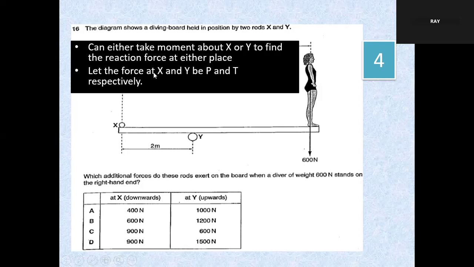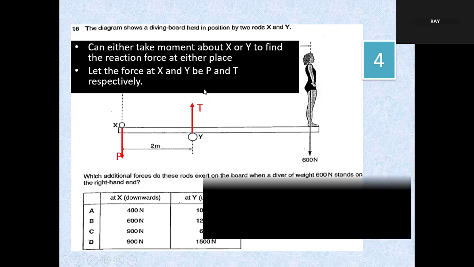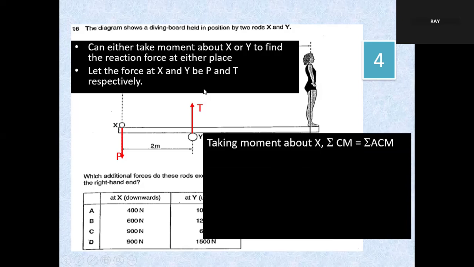Let the forces at X and Y be P and T. Taking moments about X, so don't worry about P anymore. The sum of clockwise moments equals the sum of anti-clockwise moments.